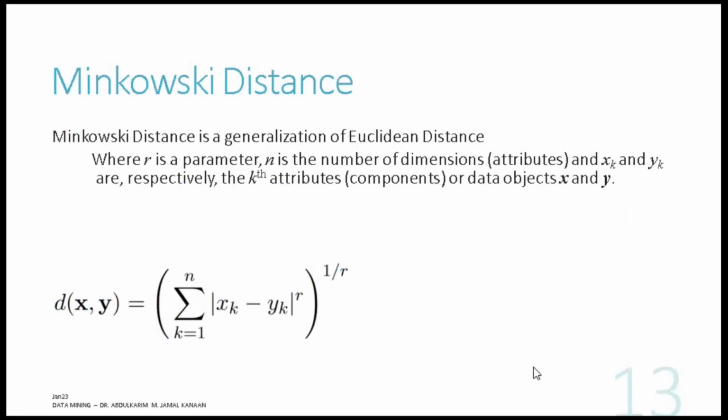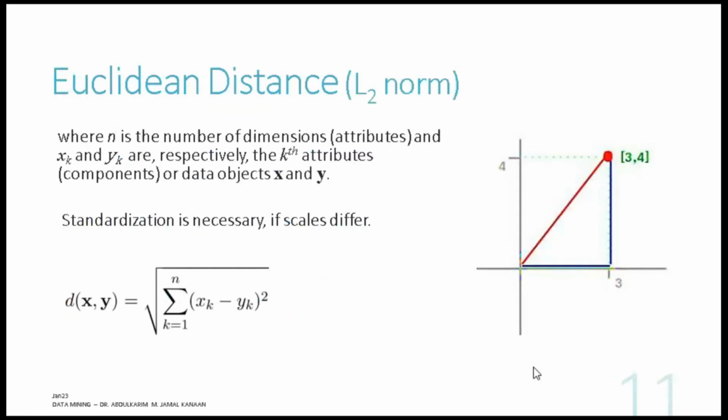And then the square root in Euclidean distance, how can we represent it mathematically? Mathematically, instead of the square root, I remove the square root and use a square bracket to the power. What value of power represents the square root?